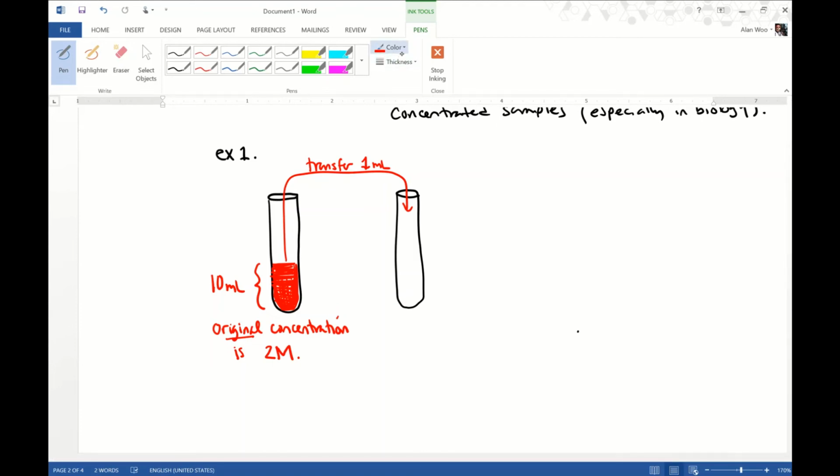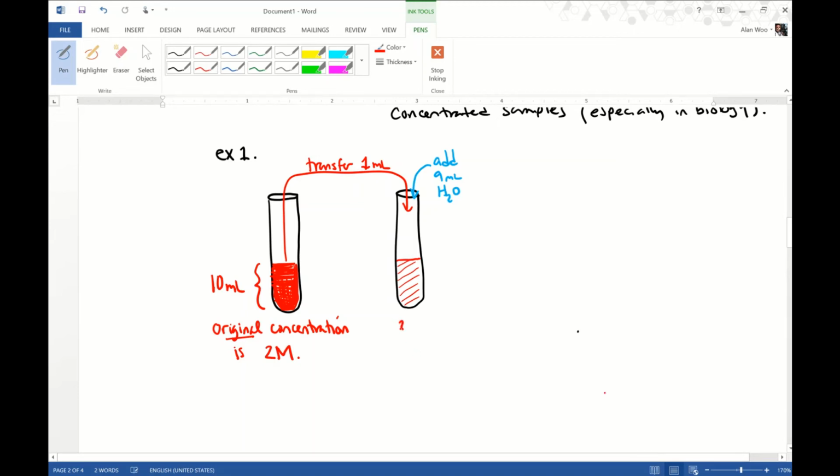Okay, and then I'm going to add 9 mils of water. Okay, so when I'm adding 9 mils of water, I'm going to dilute it. So here's the thing. Let's say I mix these two together. Okay, it won't be as concentrated as my original. It'll be more diluted. Okay, so that's how I'm going to show diluted. I'm just going to show that it's not as intense red in color. In the end, you still have 10 mils of this solution, but the concentration is different now.